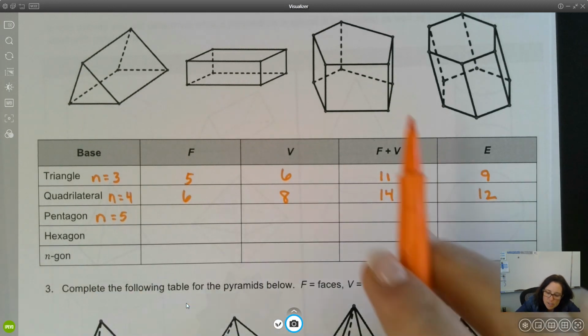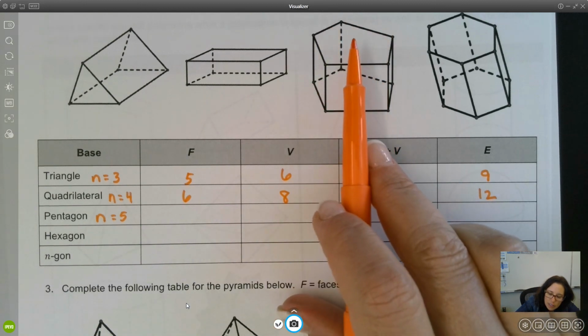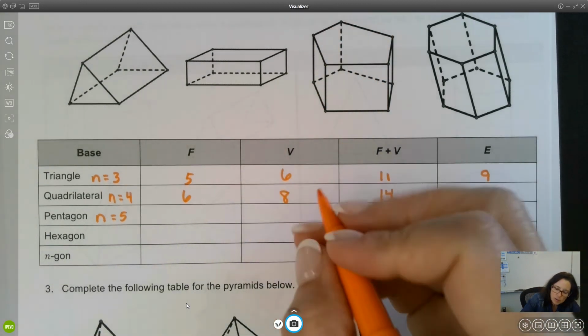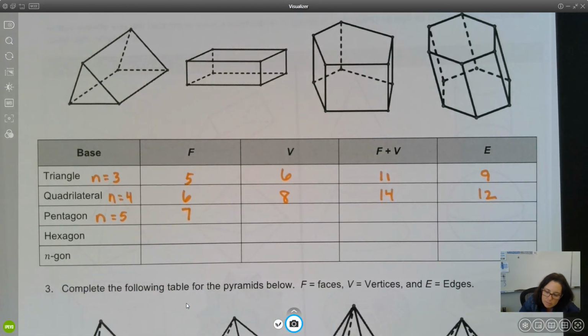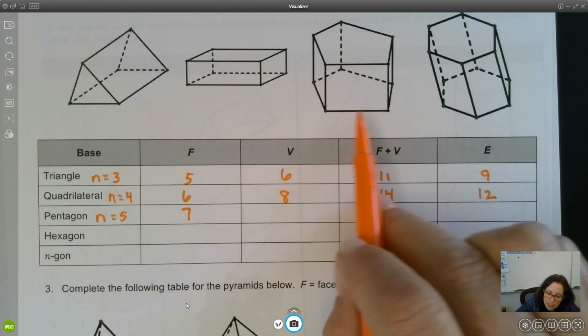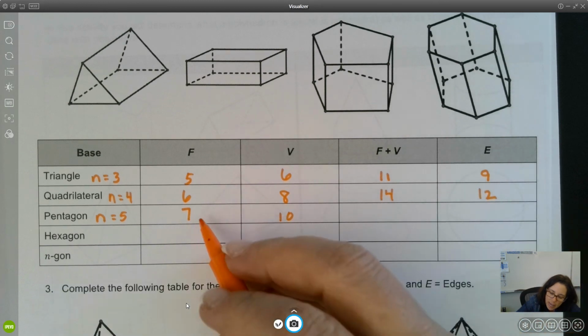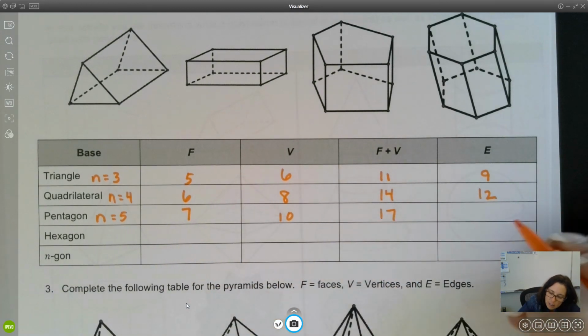Faces: we've got 5 rectangles, and then a pentagon and a pentagon. So I'm counting 7 faces. Vertices, 1, 2, 3, 4, 5, 6, 7, 8, 9, 10. 10 of those. Add those together, 17.